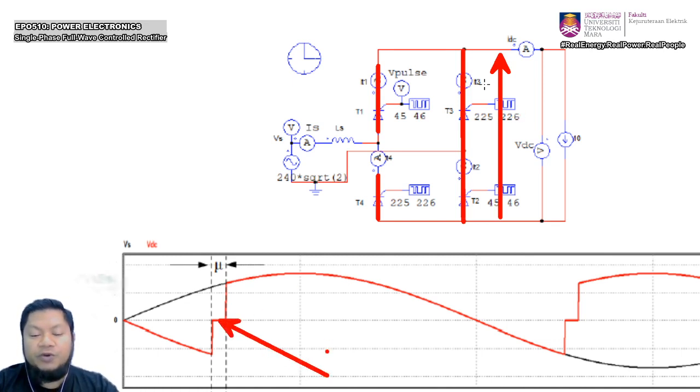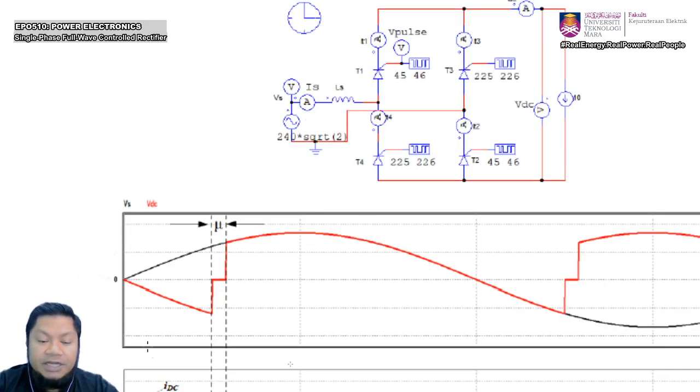So that's why during the overlap period, or the commutation interval, you're going to see that the output is 0. Just now, without the source inductance, your output voltage becomes this waveform, and because of the source inductance, now there is a missing area during that overlap period.